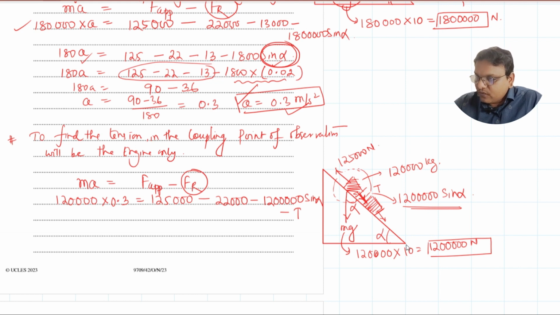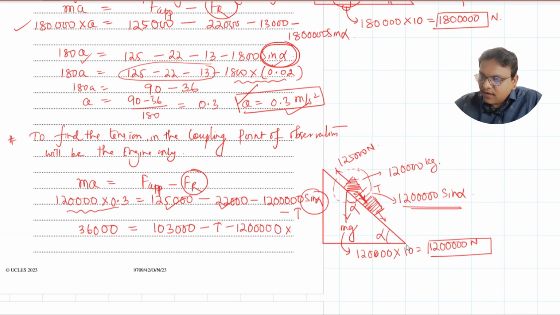When you multiply this with the calculator, your answer should be 36,000. So this minus this will be 103,000 minus T minus 120,000 times sine alpha, which we have, I think, as 0.02, right?